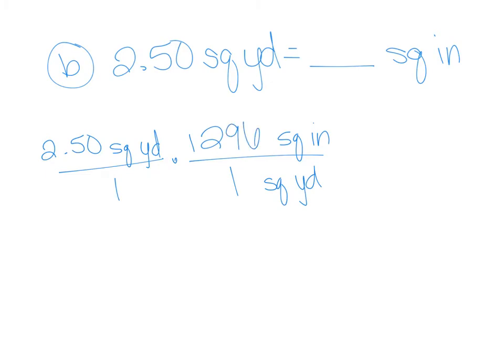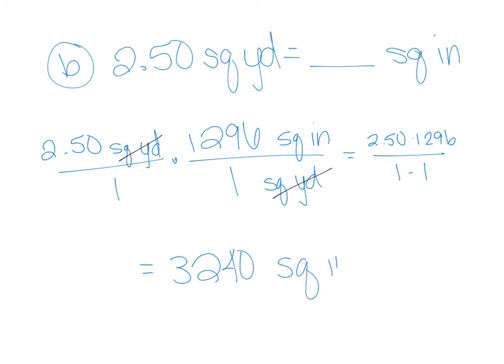Cancel those units. And we're left with our square inches, and we're going to do 2.50 times 1,296. 1 times 1 is, of course, going to just give us that 1. And you should end up with 3,240 square inches.